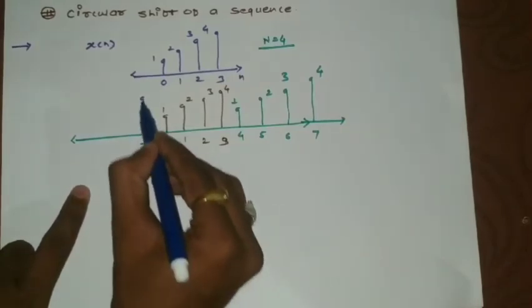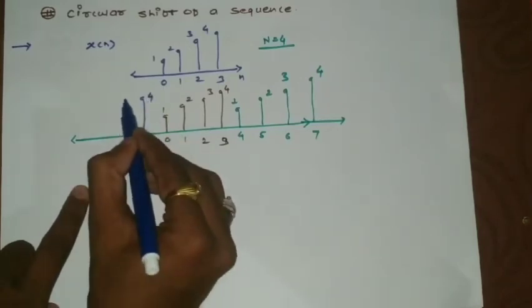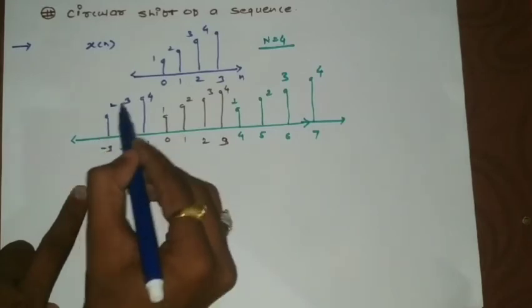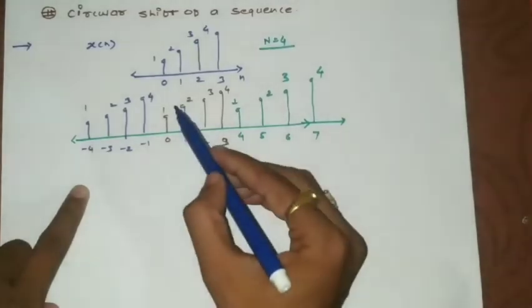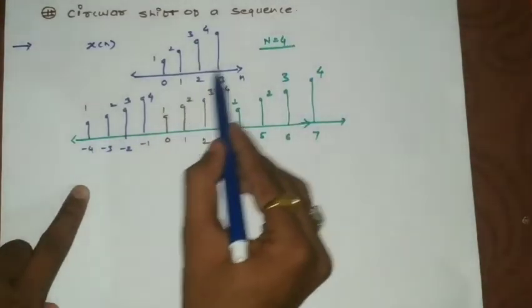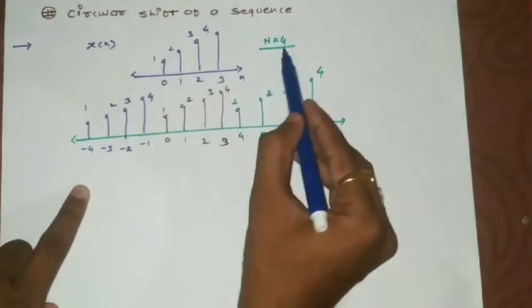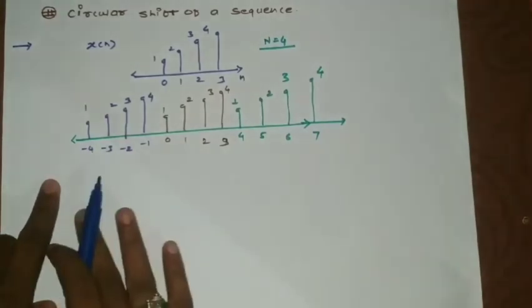For minus 1 the amplitude will be 4, for minus 2 the amplitude is 3, then minus 3, amplitude 2, and minus 4, amplitude 1. How is it possible, sir? You can see it here: 0 minus 4 is minus 4, 1 minus 4 is minus 3, 2 minus 4 is minus 2, and 3 minus 4 is minus 1. So your signal is shifted to the right as well as to the left side.